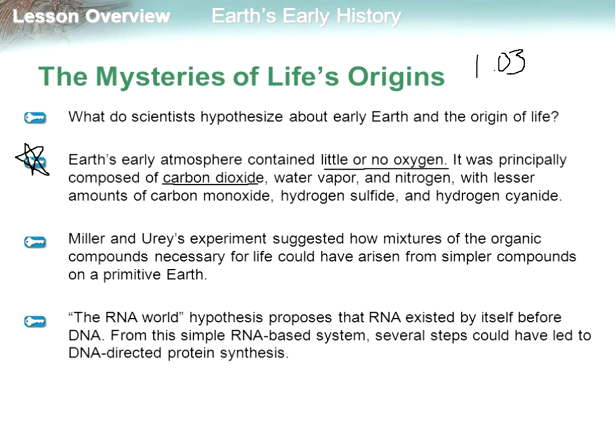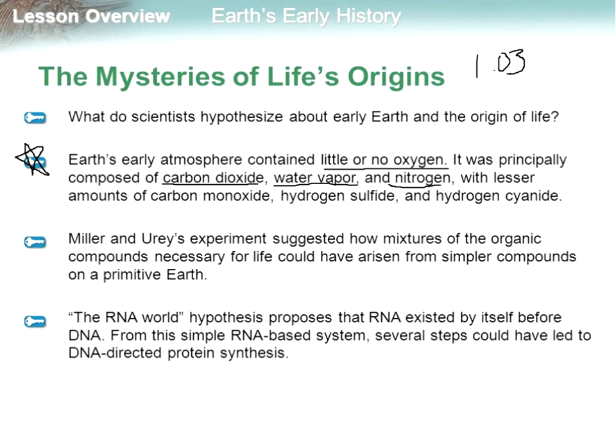So there's a lot of carbon dioxide. There was water vapor, so there was water in the air, like humidity, but there was no real water on Earth in terms of oceans yet. There was a lot of nitrogen. There was lesser amounts of the other 3, but the main 3 were carbon dioxide, water vapor, nitrogen, with very little oxygen.